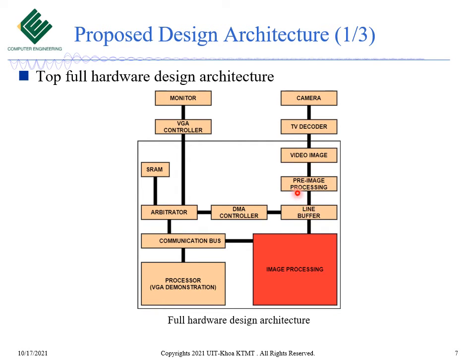In our system, before the main image processing, the picture goes to the pre-image processing first, and then goes to the main image processing. After that, the output means the navigation output. For demonstration, we put to the processors for screen of VGA demonstration.